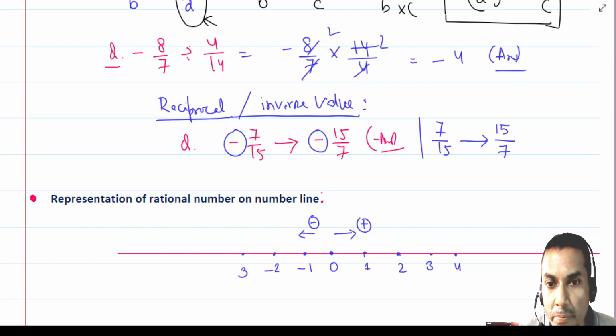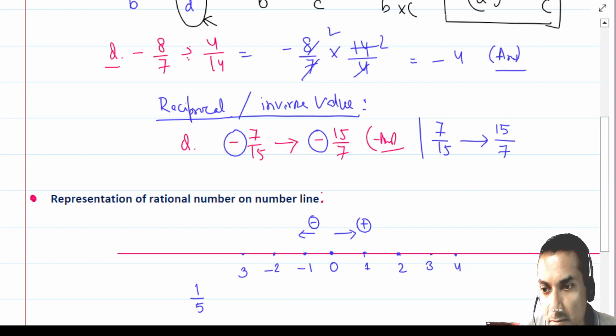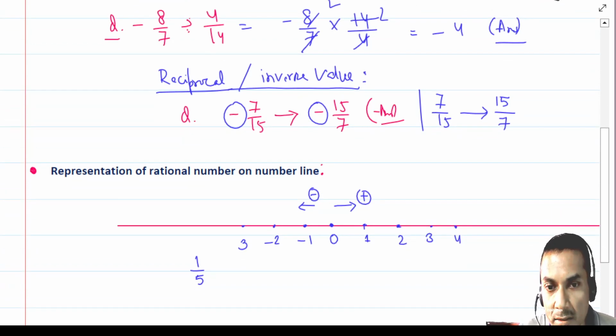Now if you want to represent any rational number, for example, if I told you 1/5, where can you put this number on the number line? Look, 1/5 lies in between 0 and 1. It will be here. Clear?